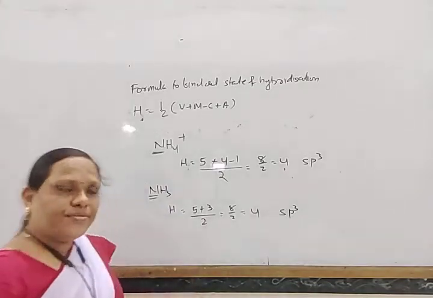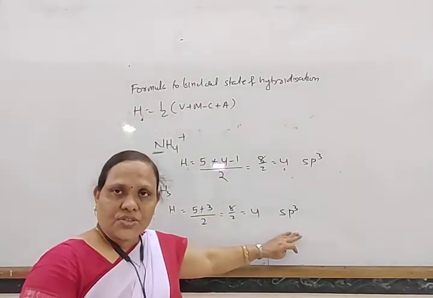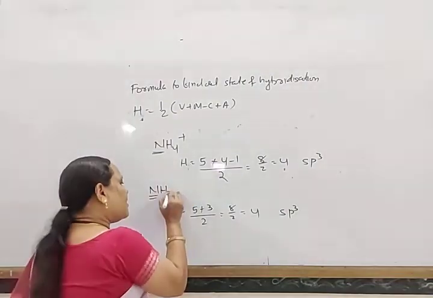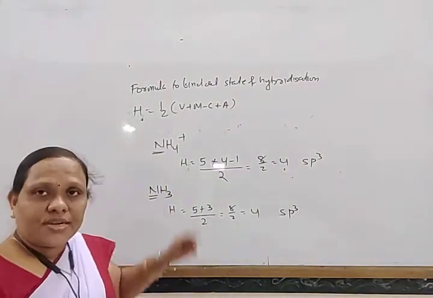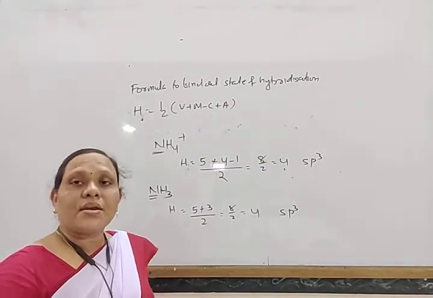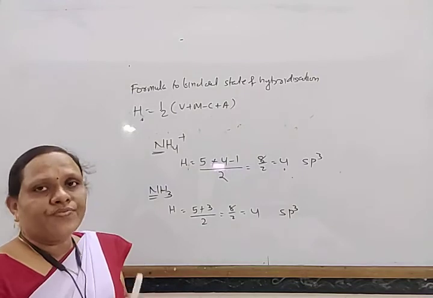So it should have a tetrahedral structure, but it forms only 3 bonds. So it forms 3 bonds means one of the sp3 hybrid orbitals contains a lone pair of electrons.